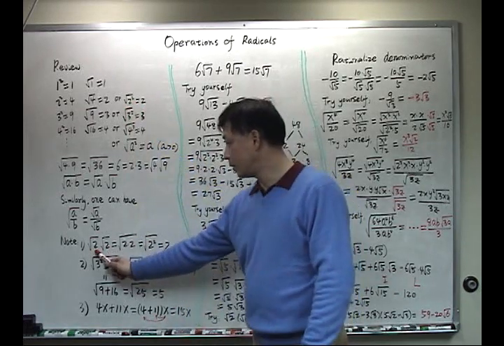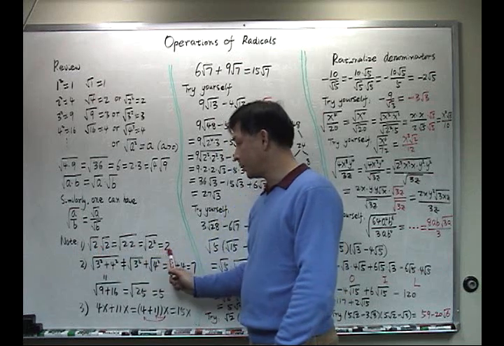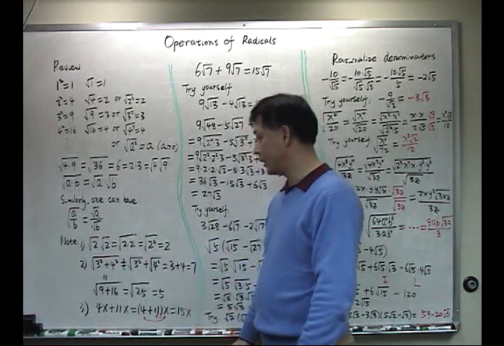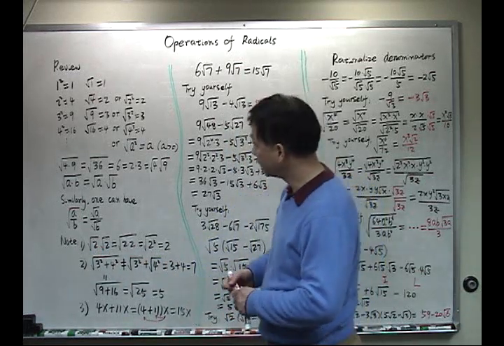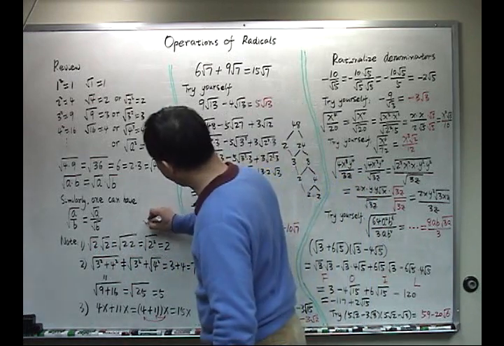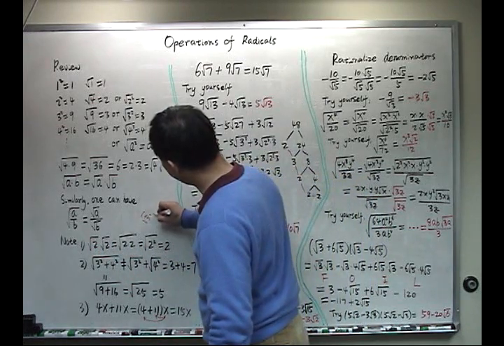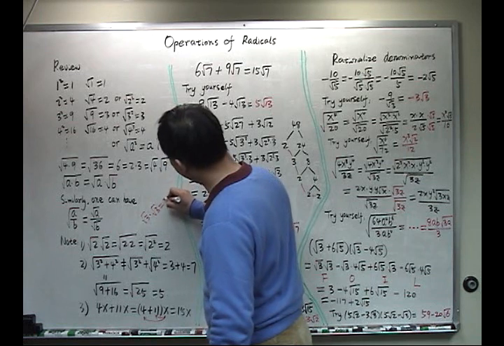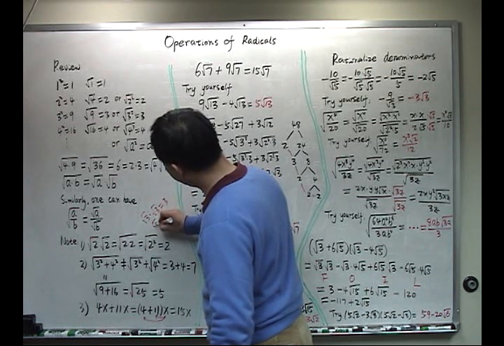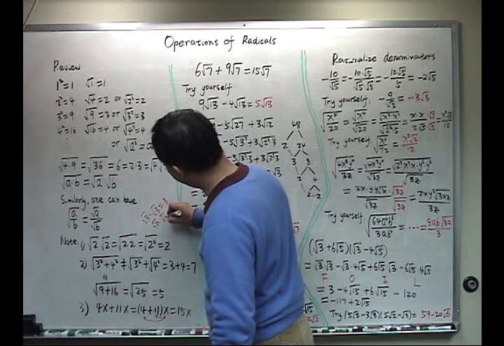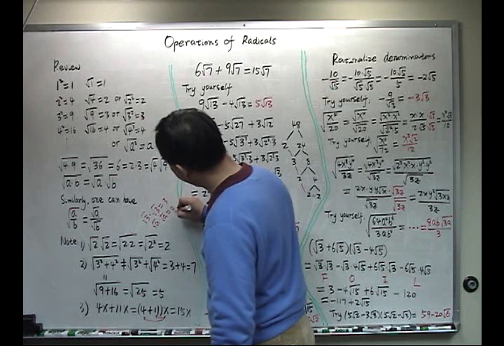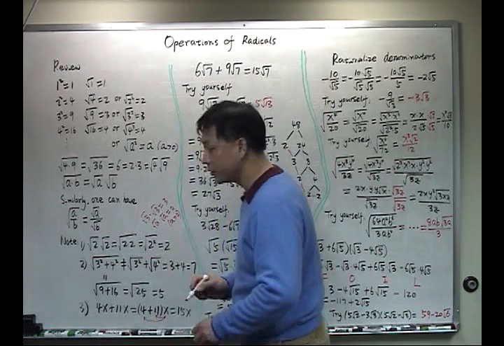So radical 2 times radical 2 is 2. Also, in general, radical 3 times radical 3 is 3. Radical a times radical a is a if a is greater than 0.